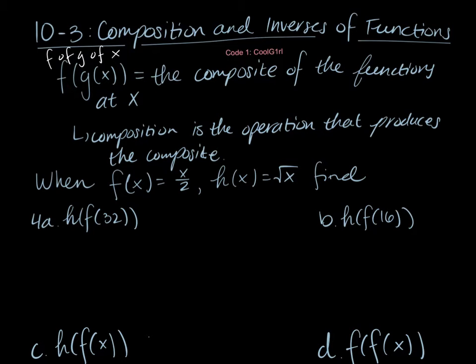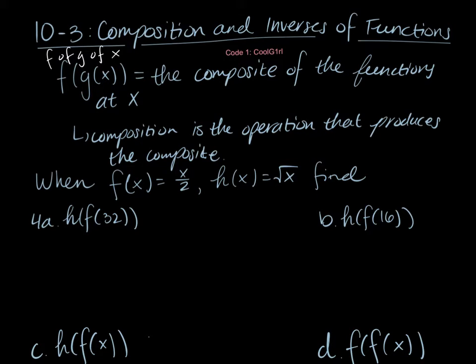Now the way to find it is a little bit more complicated, so let's look at an example. For 4a, we want to find the value of h of f of 32 when f of x is x over 2 and h of x is equal to square root x. The simplest way is to first break it apart.